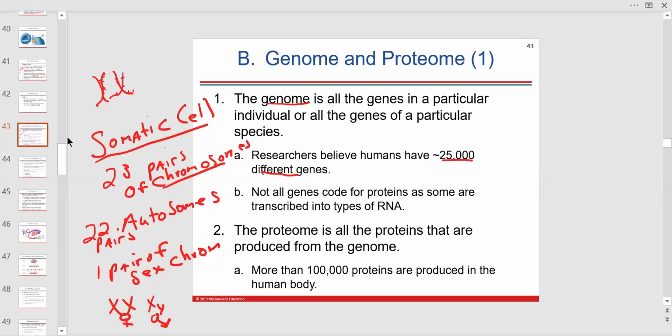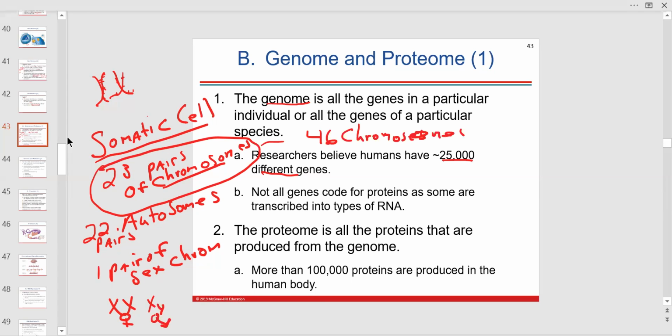So total chromosomes, how many chromosomes do we have in the nucleus of one cell? There's 46, right? So there's 46 total chromosomes. And we call that cell a diploid because it has those 23 pairs.